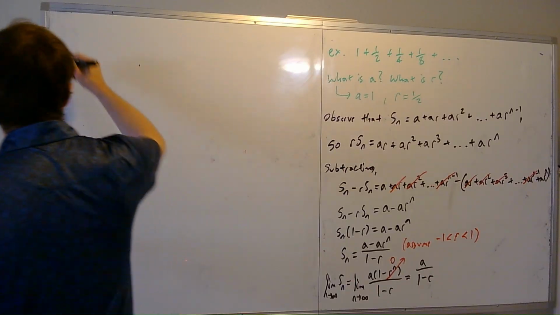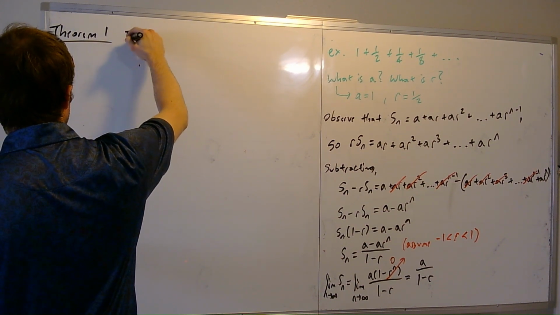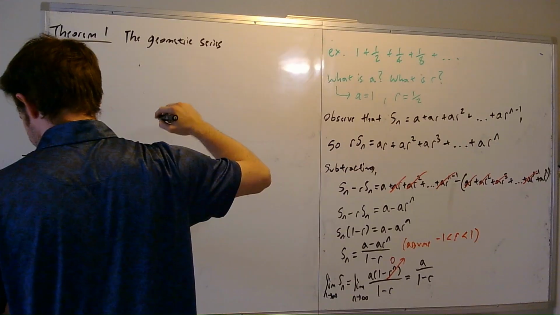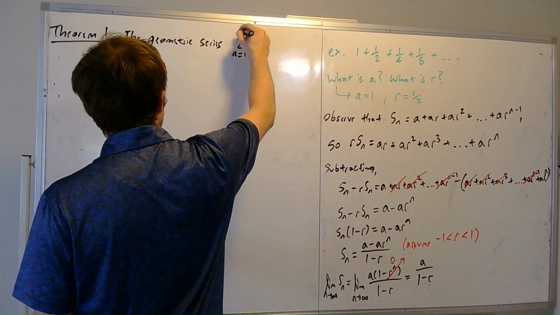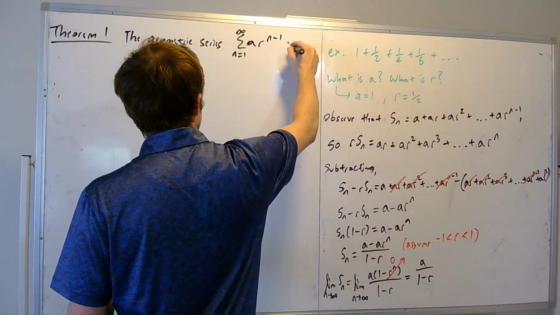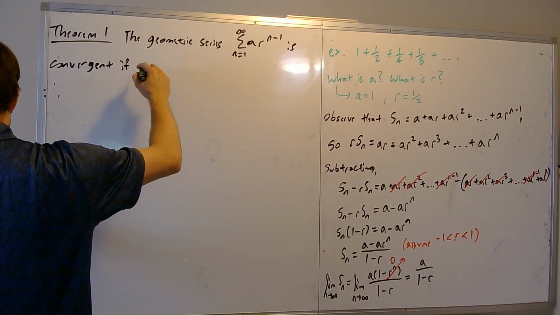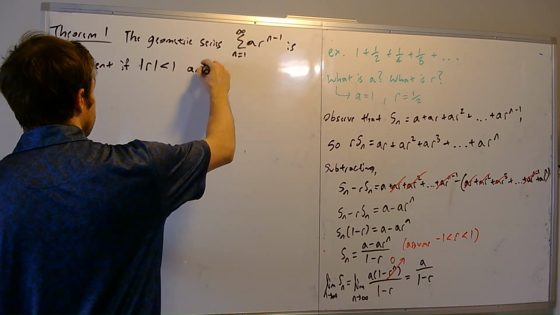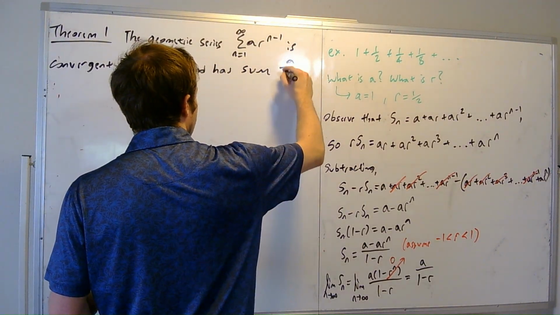So theorem number 1 is going to say the geometric series, the sum from n equals 1 to infinity of a times r to the n minus 1, is convergent if the absolute value of r is strictly less than 1, and has sum a over 1 minus r.